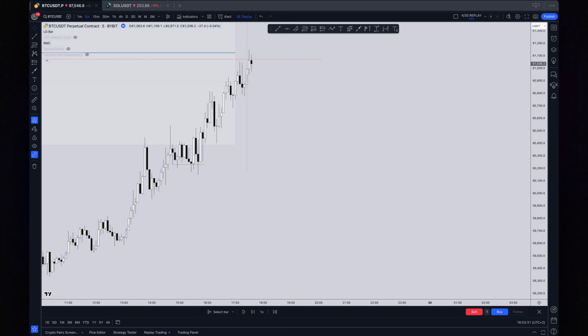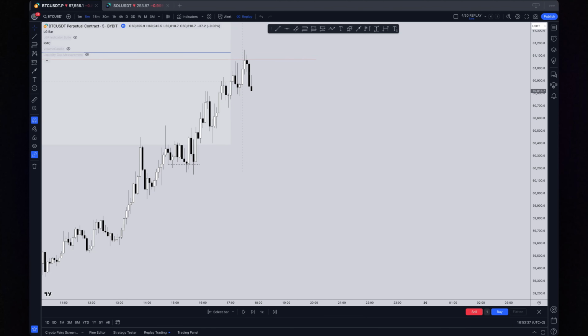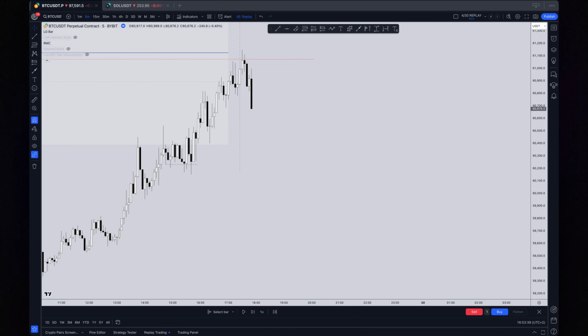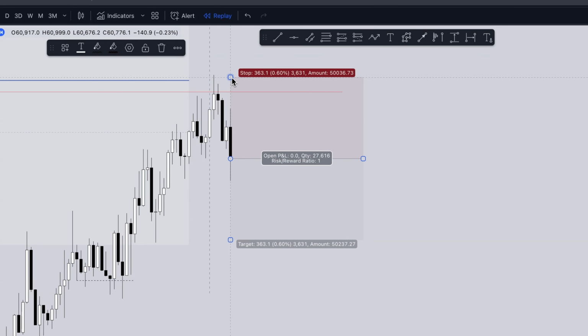So it now has swept and filled that level, formed a swing. Nice LGC down. I want continuation. There we have it. That's my short.